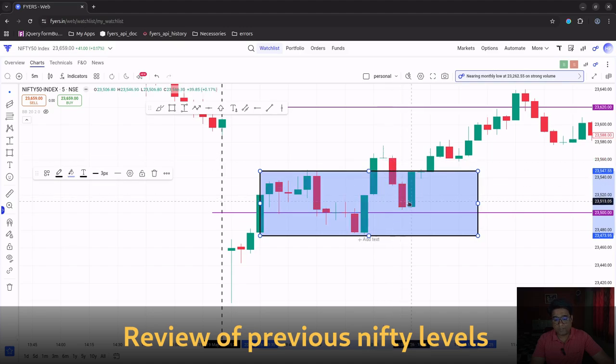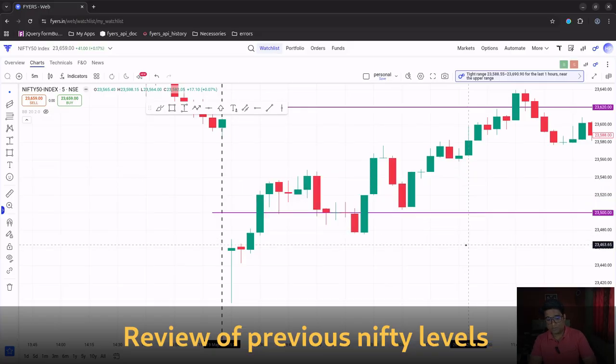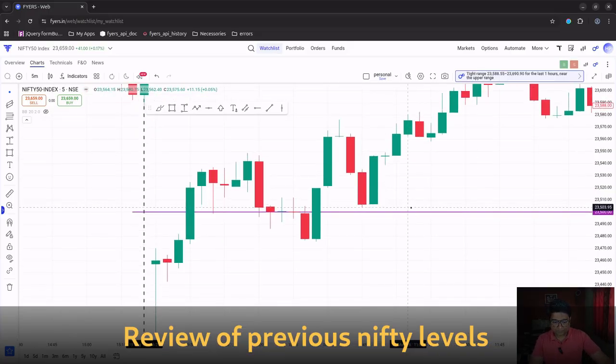So it came down to retest our support 23,500. You can check the retest here, 23,503.95 or 23,504, within 1 point. The market came down within 1 point as a retest.